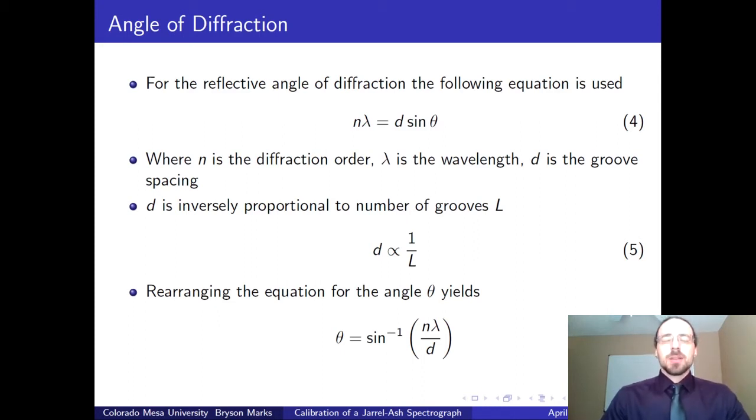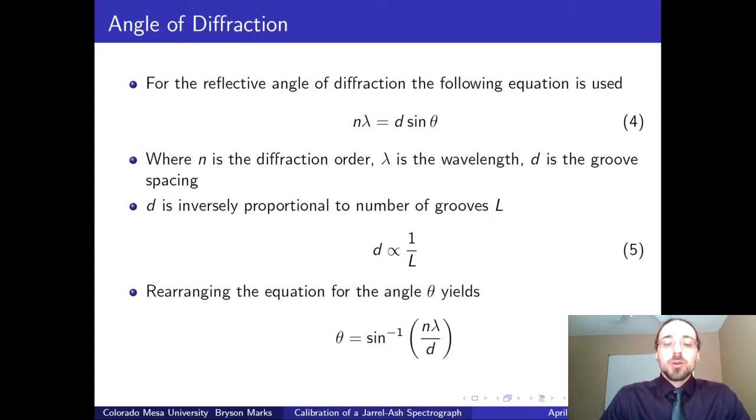Now, we need to note that d is inversely proportional to the number of grooves, which I will call L. So if you increase the number of grooves on your diffraction grating, then the spacing between those grooves will get smaller. The thing of interest in equation 4 is theta, how wide our dispersion will be.